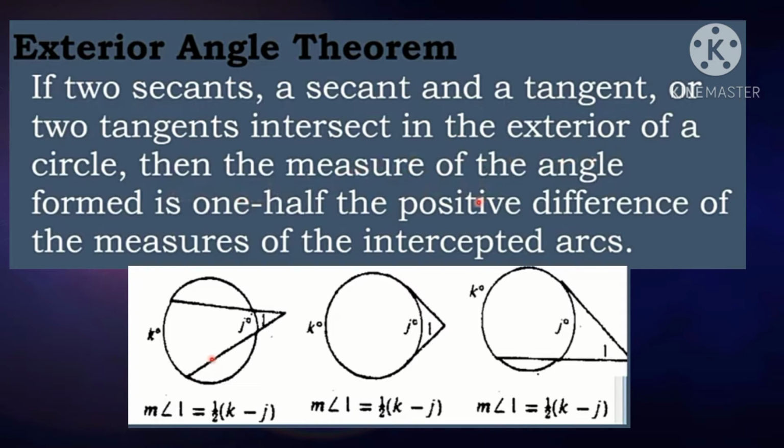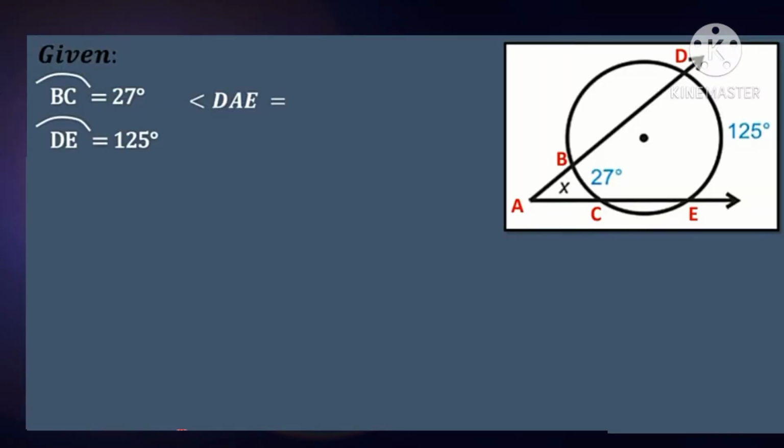We have arc J and arc K, and we can easily identify that arc K is bigger than arc J, so the formula will be: measure of angle L is equal to 1/2 (arc K minus arc J).